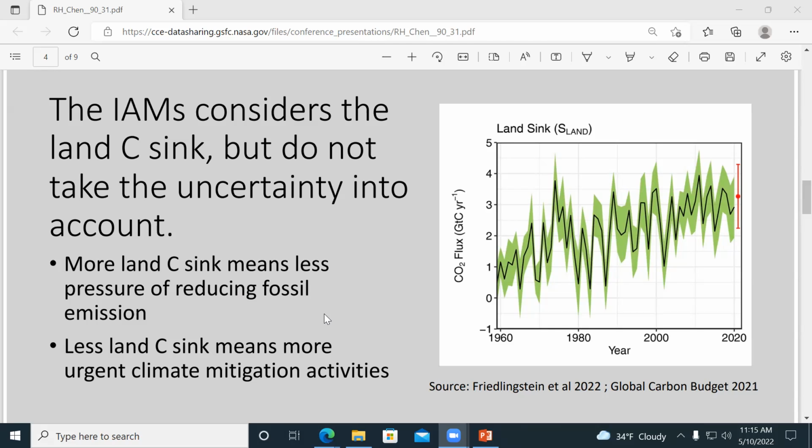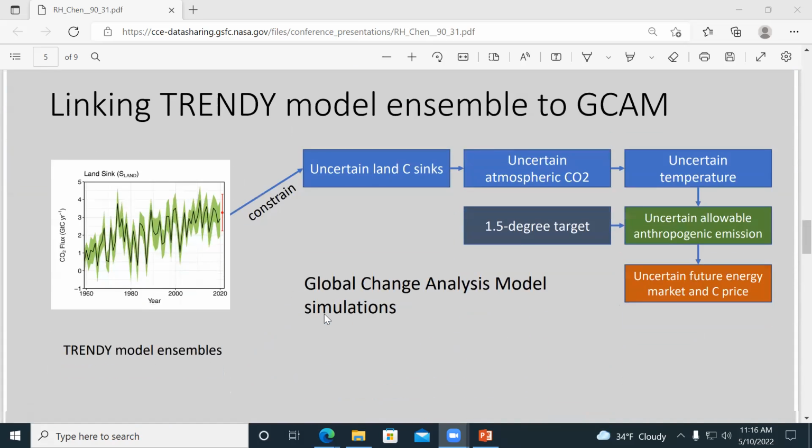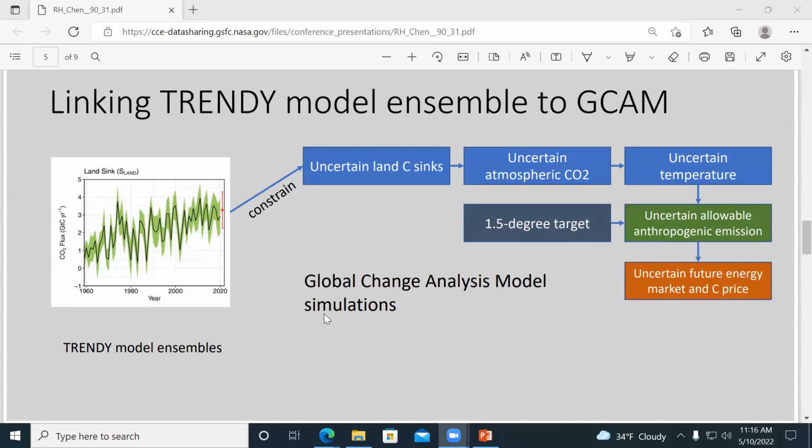So taking this uncertainty into the GCAM simulations will give us useful information about the energy market, or even the food market, everything in response to these uncertain estimations of the land carbon sink. And we can quantify the economic and socioeconomic value of our daily work in reducing the uncertainties of estimating the global land carbon sink.